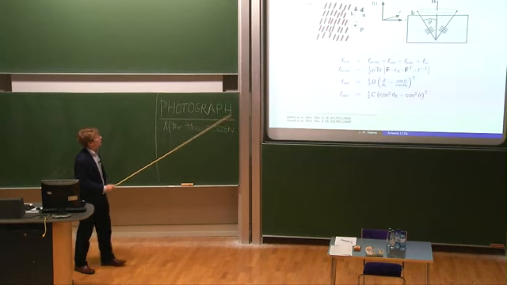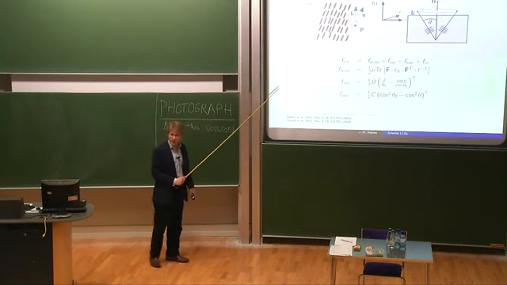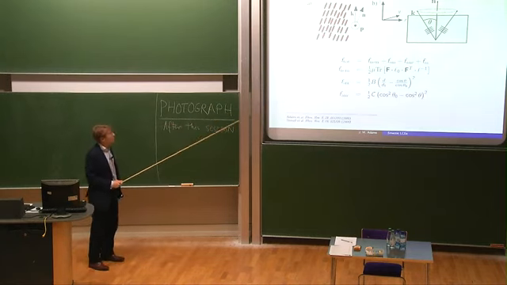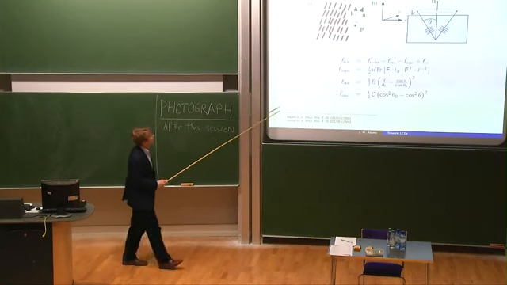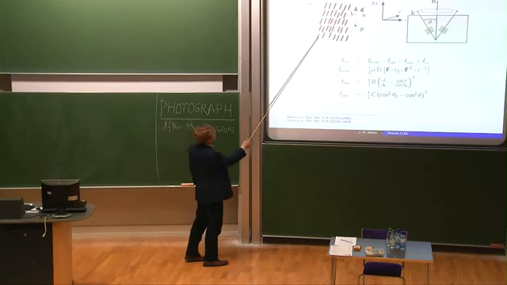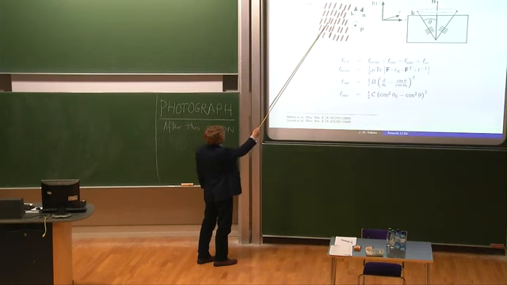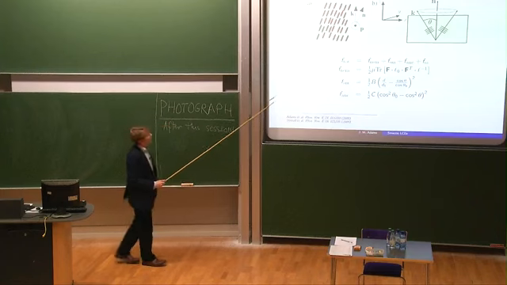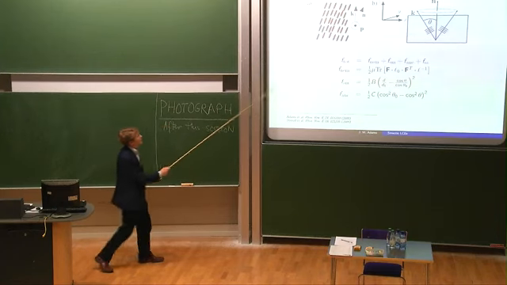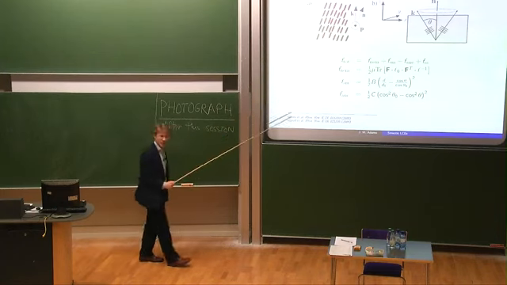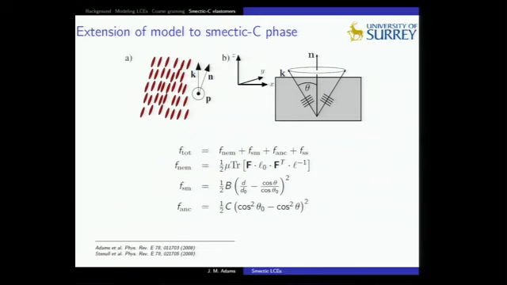Okay, so I'd like to say a little bit about the Smectic C phase, and how we can extend the model that I mentioned to the Smectic C phase. The Smectic C phase has, instead of the layer normal parallel to the director, a fixed angle between them. So the director can, in principle, rotate around on a cone with this fixed angle. And we can incorporate this into the model now.